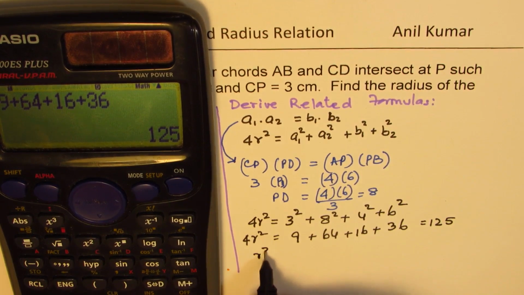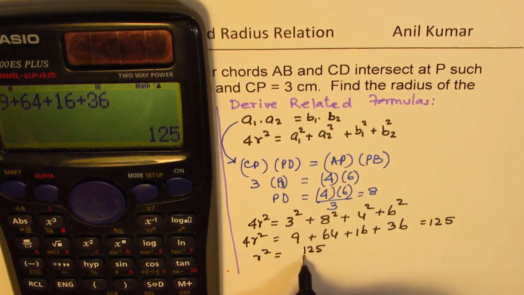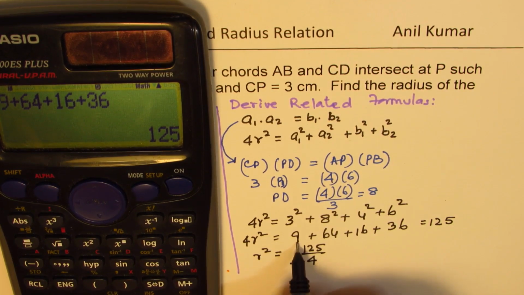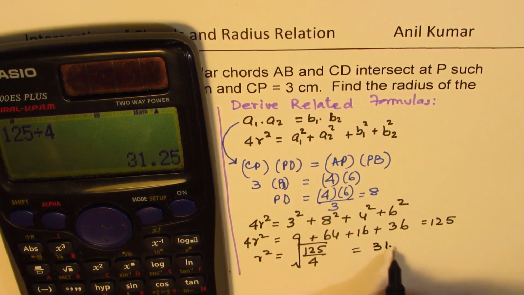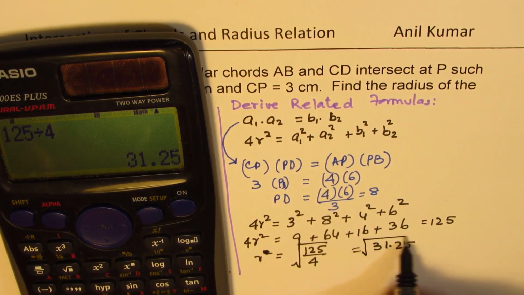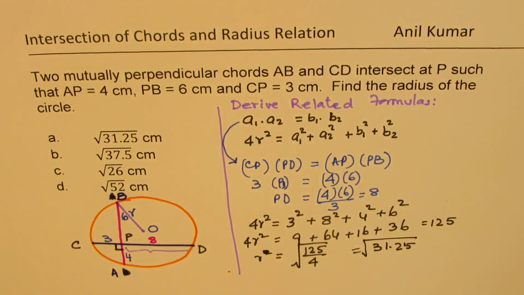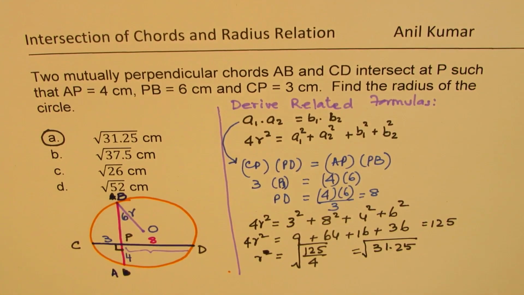So we get r square is basically equal to 125 divided by 4, square root. Within the square root, we have 125 divided by 4, which in decimals is 31.25, right? So r basically is square root of 31.25. Clear? So the first one is the right option. So that is how you're going to do it. You don't really have to use the calculator for these calculations, but that is how it could be solved.